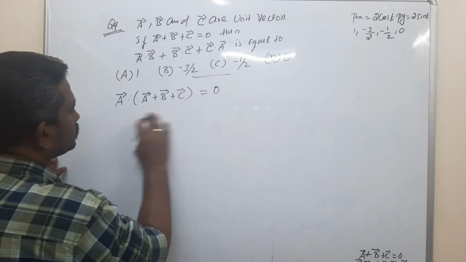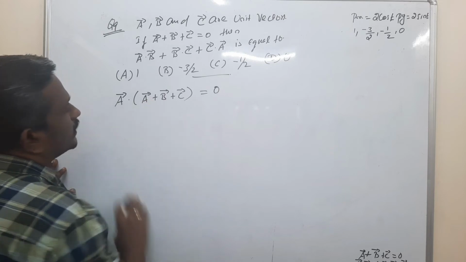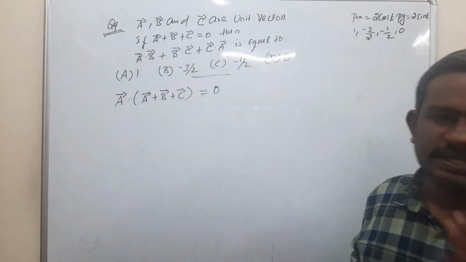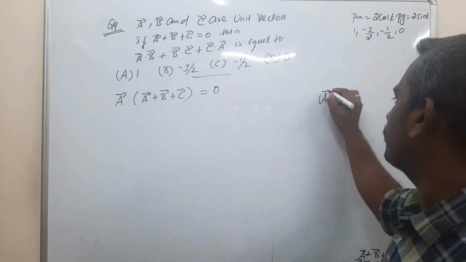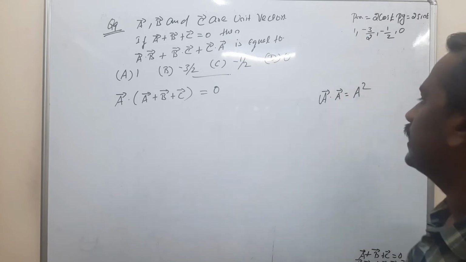On the left hand side, multiply A vector dot A vector. We already studied that a vector taking the dot product with itself, A vector dot A vector, is equal to A square.